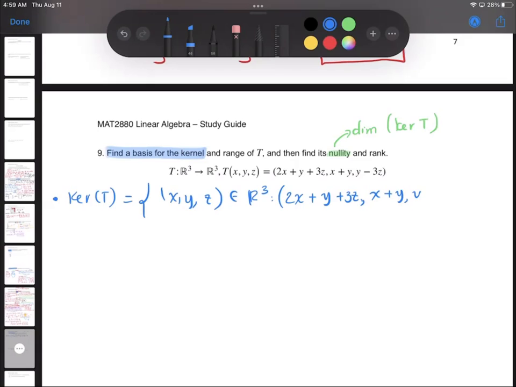Okay, so therefore the kernel of T is (-3t, 3t, t), where t is just a real number.